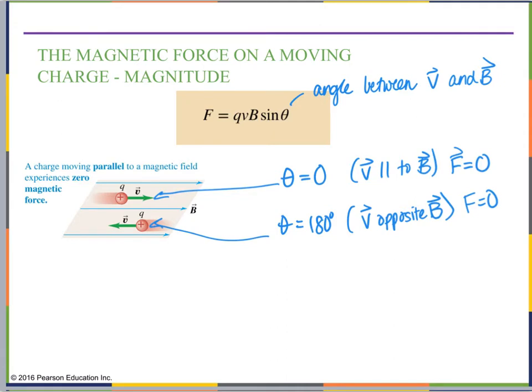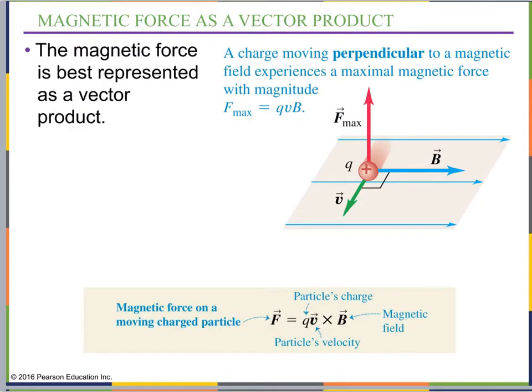That's when you get the largest force. And this is what the picture is here. Here again, we see that because in this case, that's 90 degrees, the sine of 90 is 1, and so you get the maximum force for the charge moving in the magnetic field.